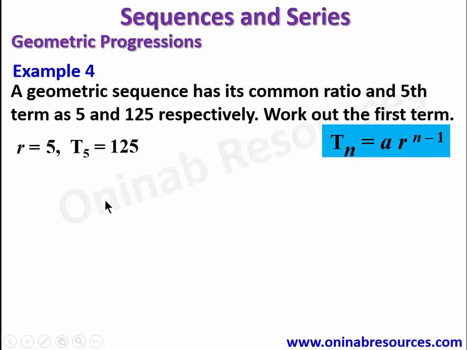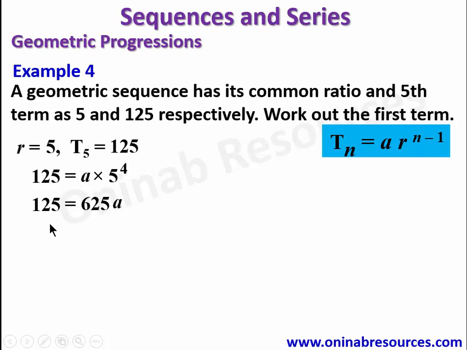Since T5 is 125, we can say 125 is equal to A, we don't know A, times 5 raised to power 4. Where are we getting 4 from? 5 minus 1, 4. Remember that? 5 raised to power 4 is 625. So this is 625 times A, which gives 625A.